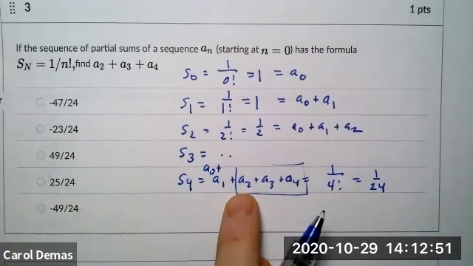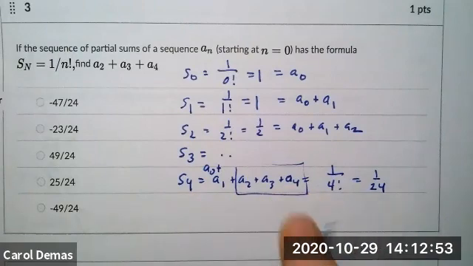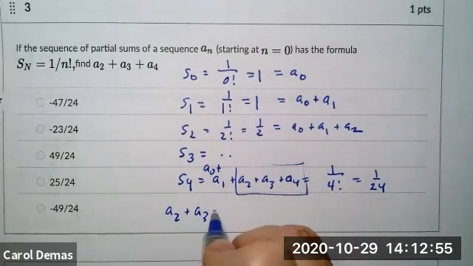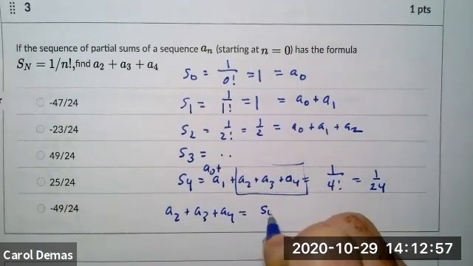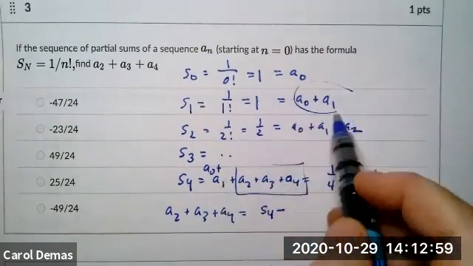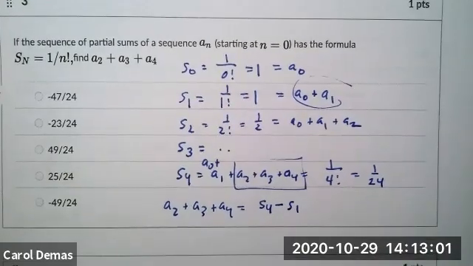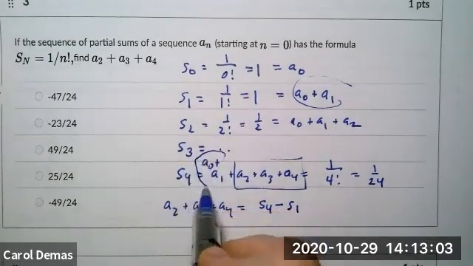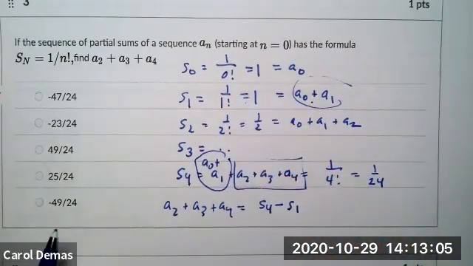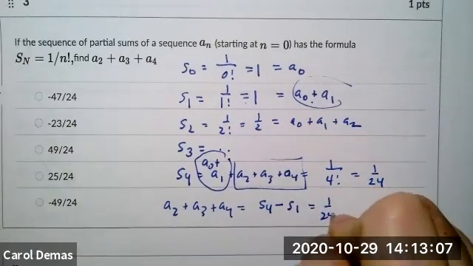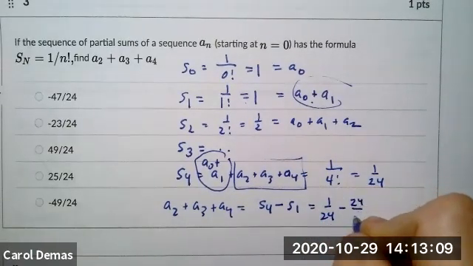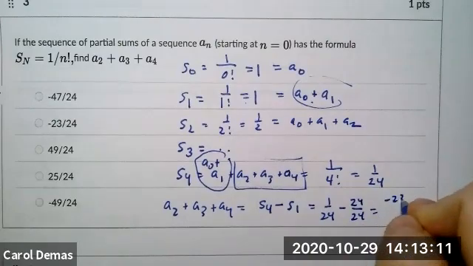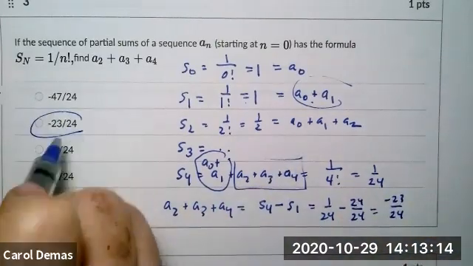So if we want a2 plus a3 plus a4, that's going to be s sub 4 minus s sub 1. Okay, do you see that? We're subtracting these two. So that's going to be 1 over 24 minus 24 over 24. And the correct answer here should be negative 23 over 24.